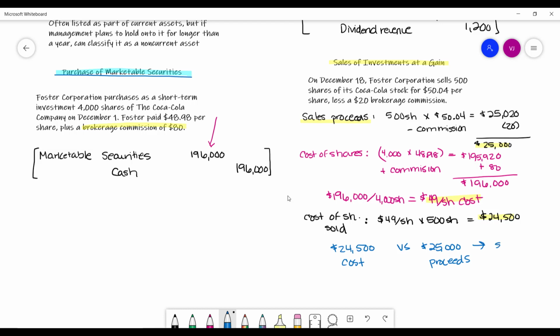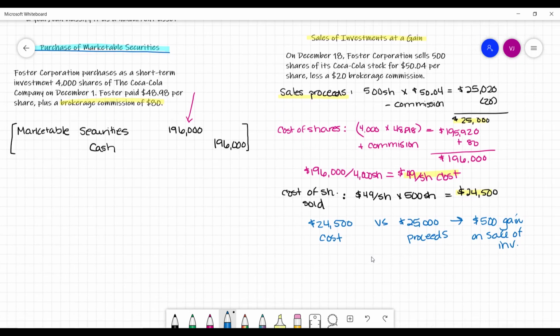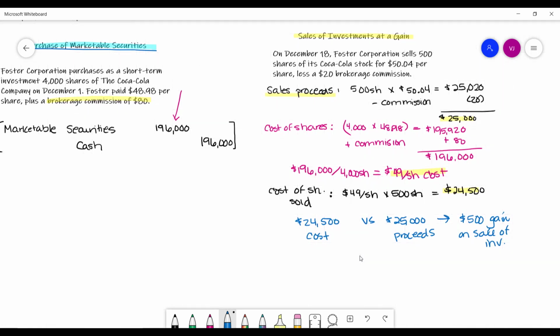We received $500 more than what we initially paid for those 500 shares. So this is really a $500 gain on sale of investment. So again, we received $25,000 from selling these 500 shares, but they only cost us $24,500 to initially acquire. So that's how we figure out what the gain or loss is here.